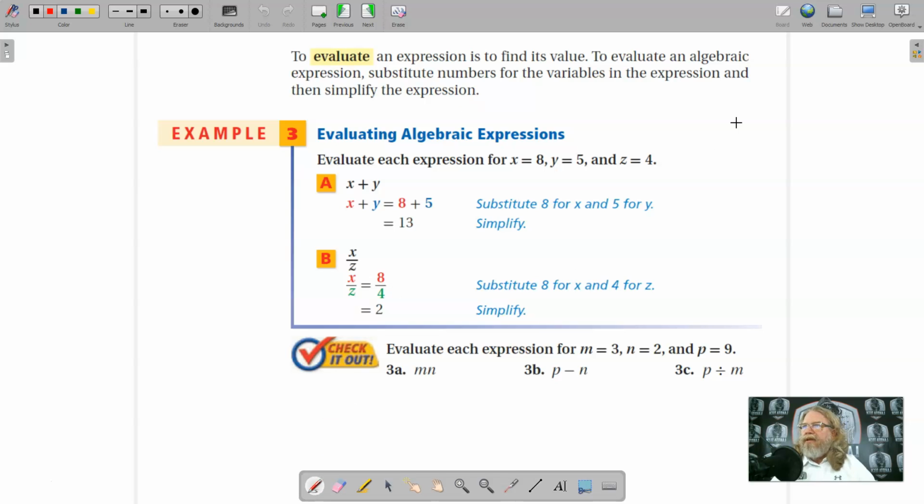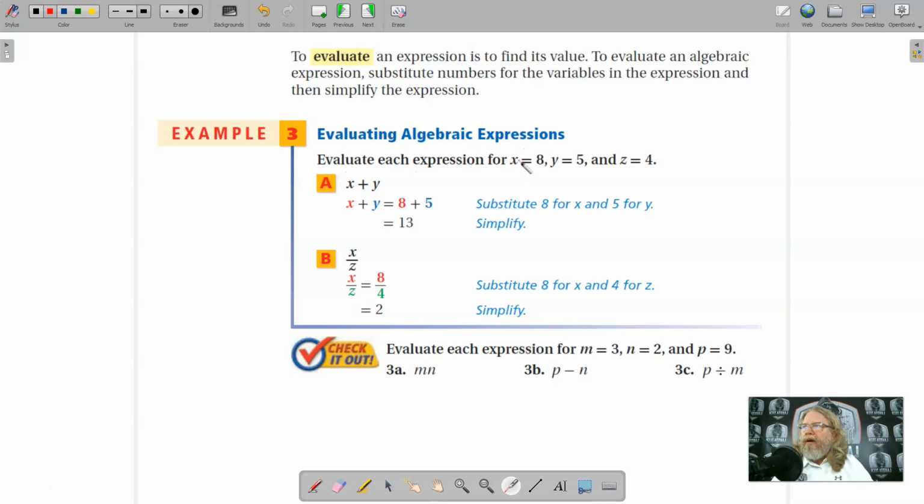If you were given something like 7 plus 3 and asked to evaluate it, you'd say that equals 10. However, if we had a plus 3, you would have to know the value of a, substitute in that value for a, and then do the addition. So that's what we're going to do with this section, example 3, evaluate algebraic expressions.